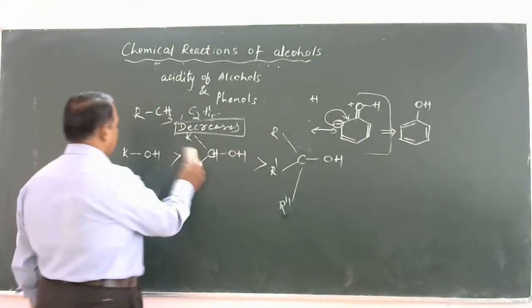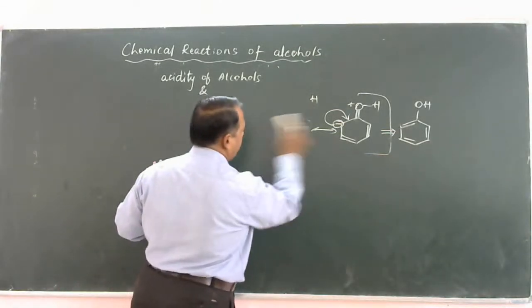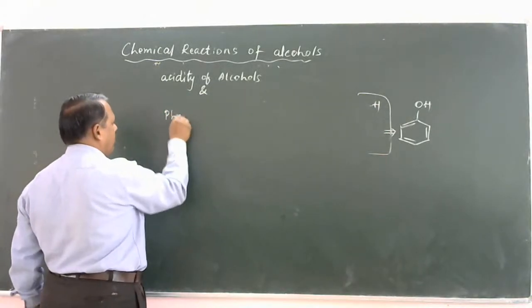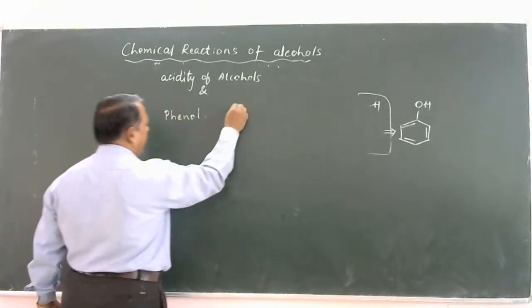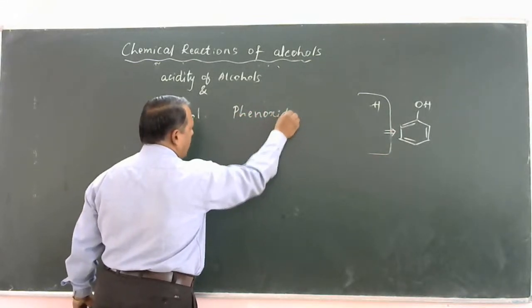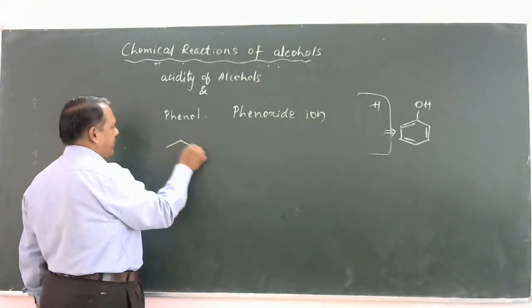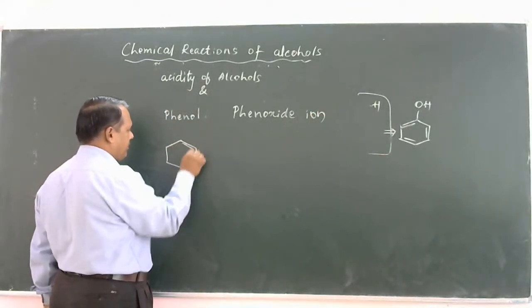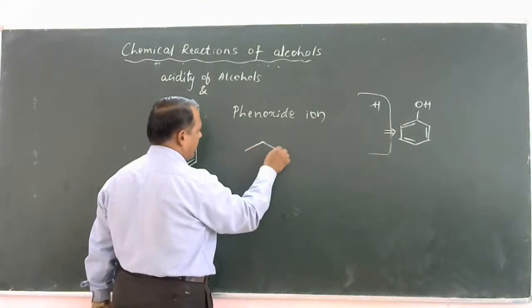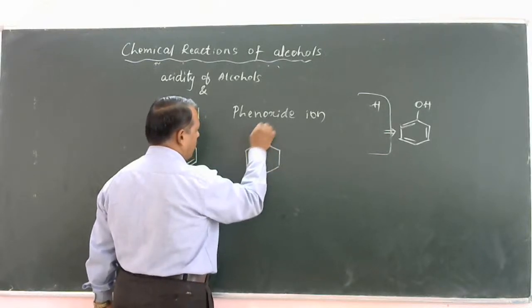Then we shall compare phenol and phenoxide ion. This is phenol, OH, and this is phenoxide, O minus.